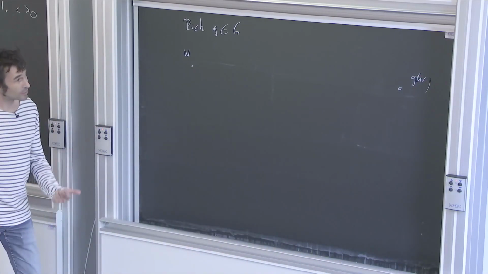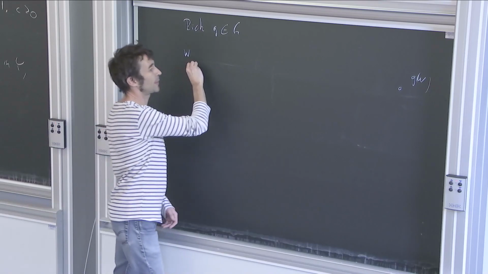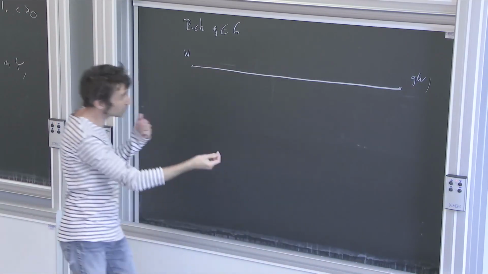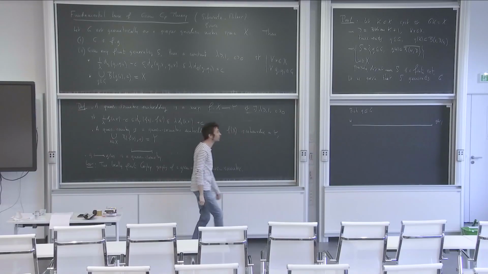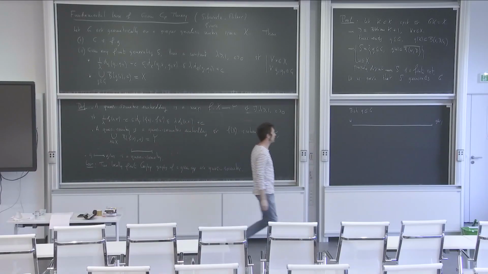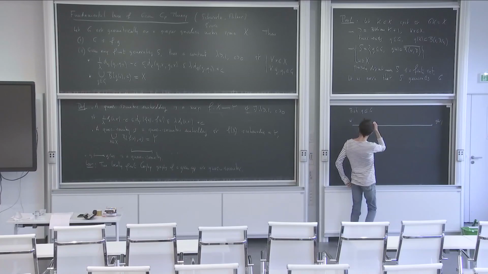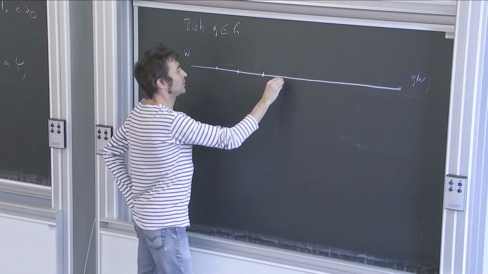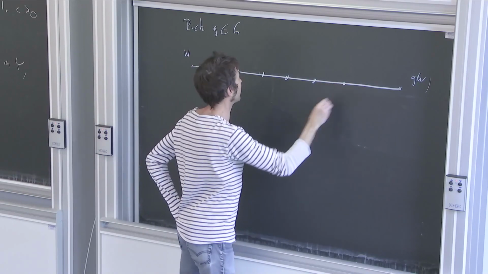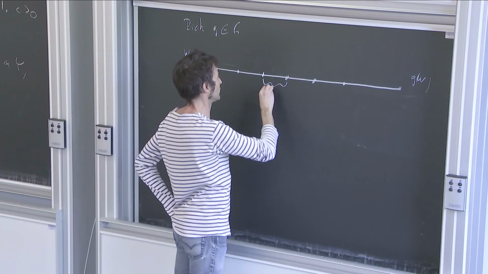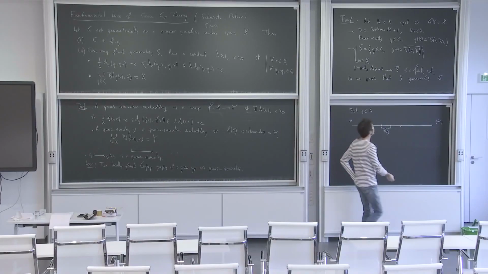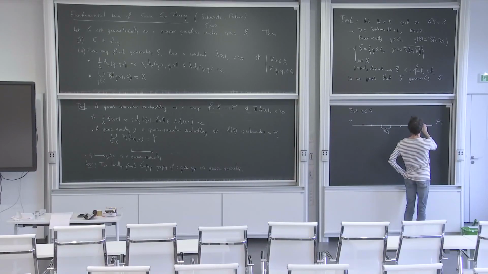And then I know that my space is geodesic. So I can look at the segment, the image of the segment of length the distance from W to G of W, inside my space X. So the idea is the following. You subdivide the segment into pieces of length D over 3. Okay, so you can do that until you get too close to the endpoint.